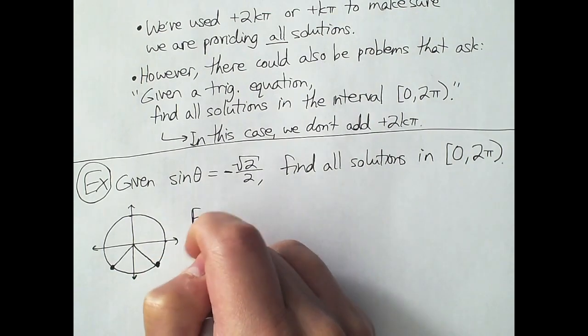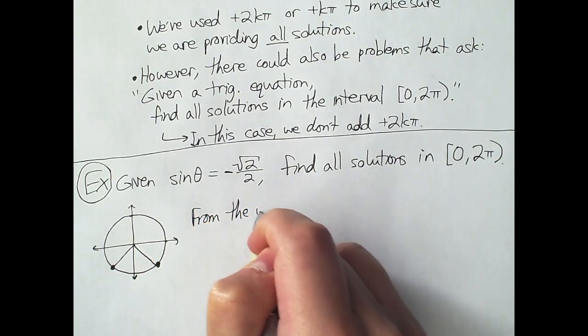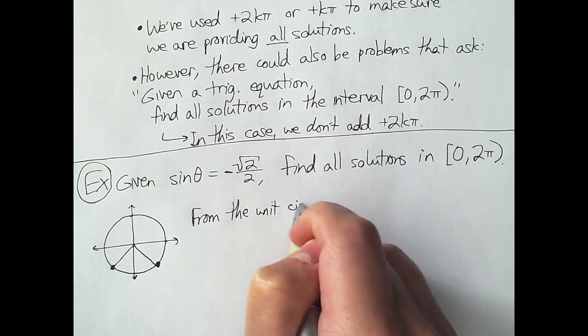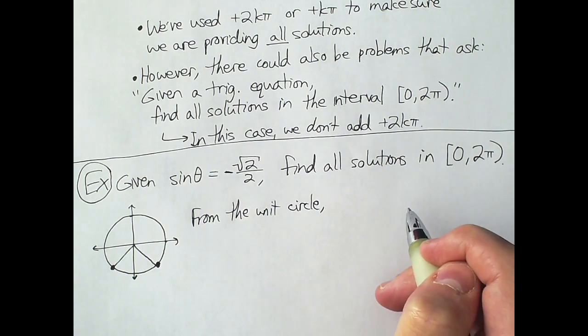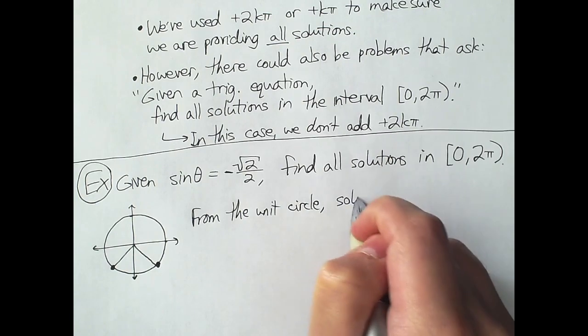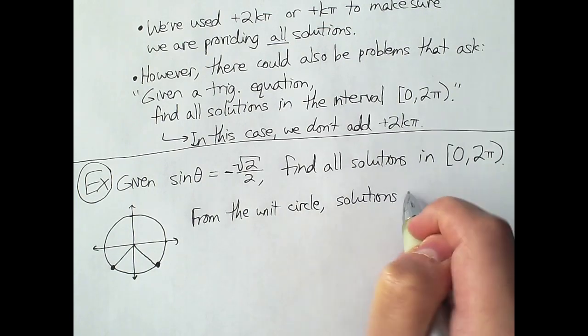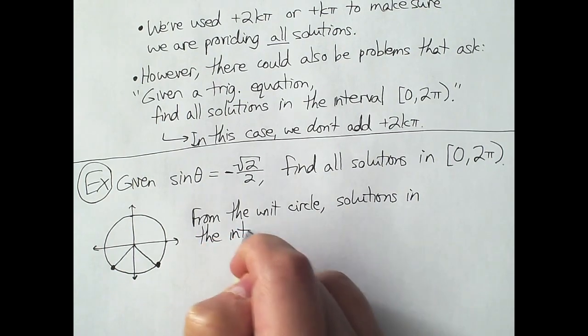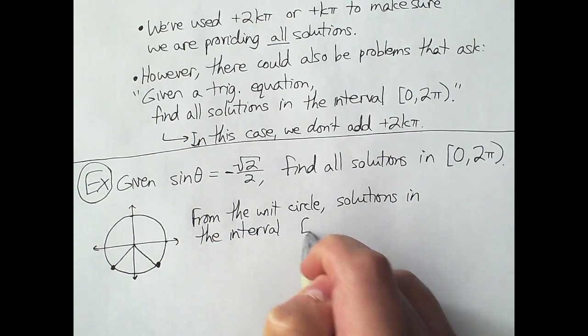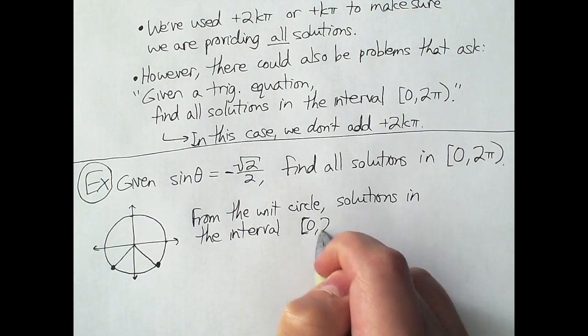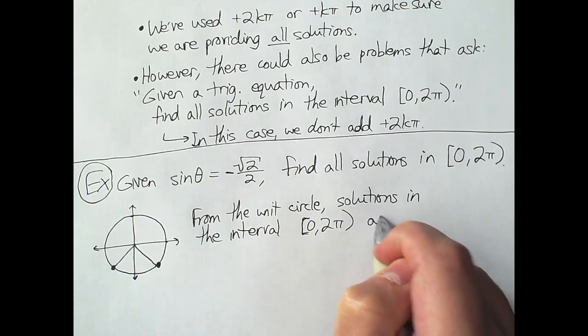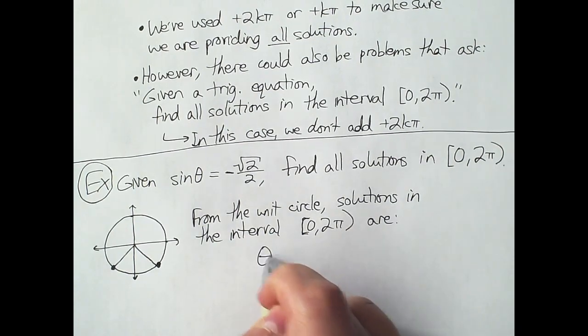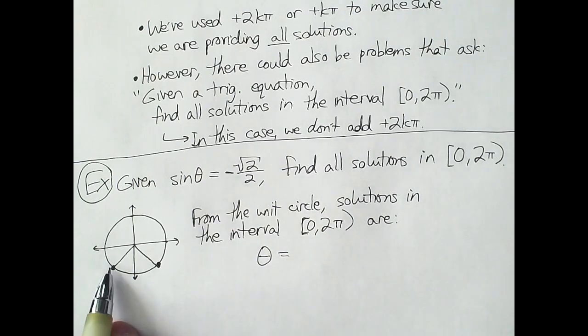So I'm going to say from the unit circle, solutions in the interval 0 to 2 pi are theta equals, what's this first one?